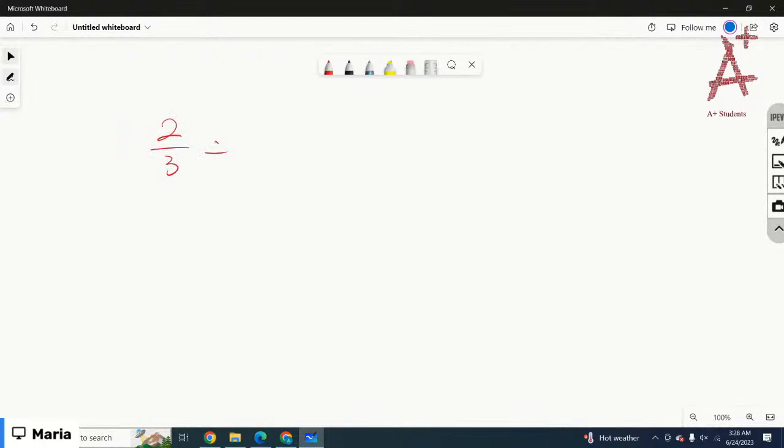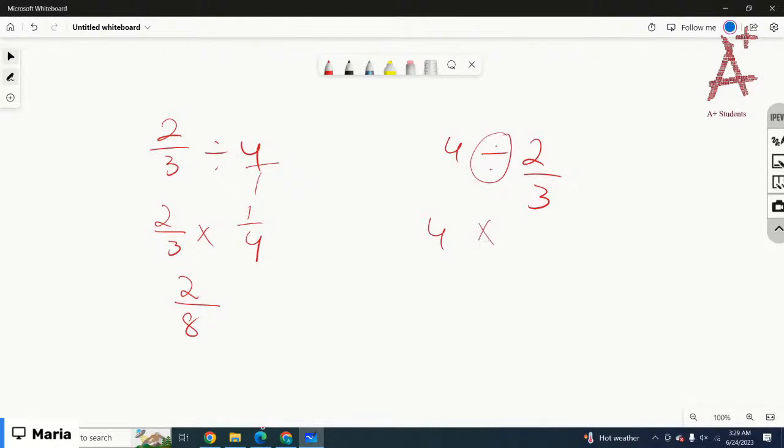When you replace the division sign with multiplication, 2 over 3 divided by 4 becomes 2 over 3 times 1 over 4, and 2 times 1 is 2 and 3 times 4 is 12. For 4 divided by 2 over 3, you have to take the reciprocal of the fraction after the division sign, so it would be 4 times 3 is 12 over 2. Got it? That is the difference, because when we replace the division sign with multiplication, we always take the reciprocal of the term that is after the division sign, not the one before. Got it?